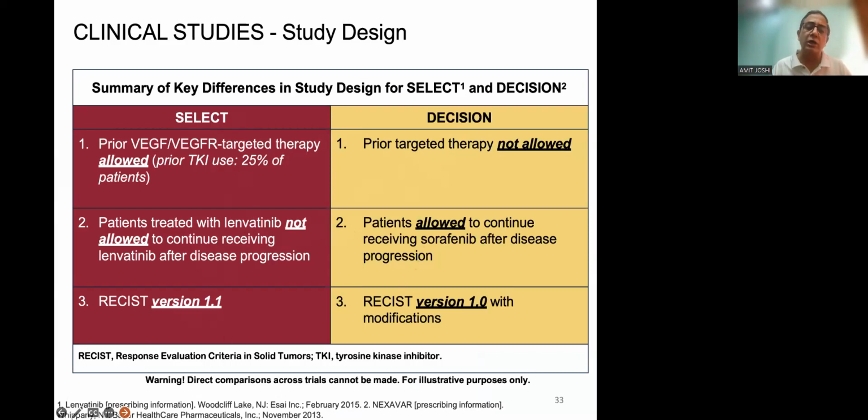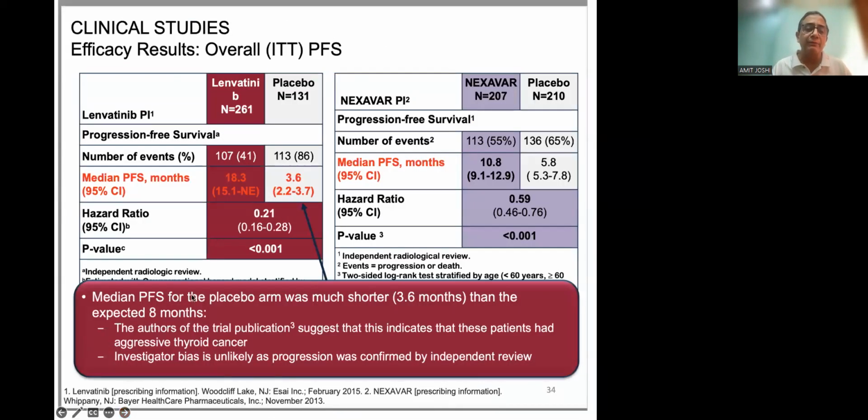So they were allowed to continue even beyond radiological progression. Another important thing: the median PFS in the placebo group was lower in the lenvatinib trial, which was supposed to be the more aggressive variant, slightly higher than in the placebo arm of Nexavar, that is sorafenib.